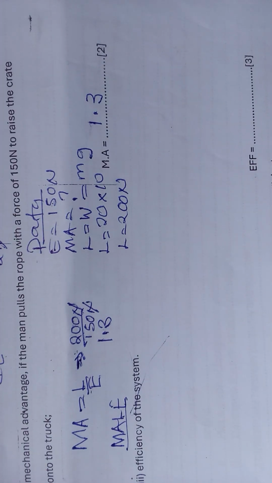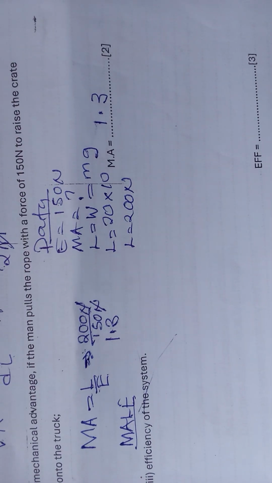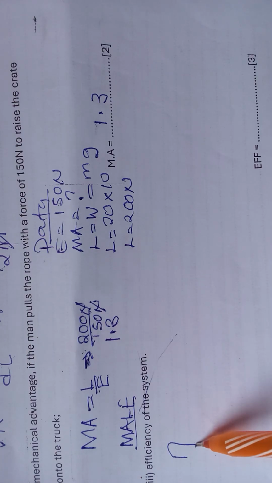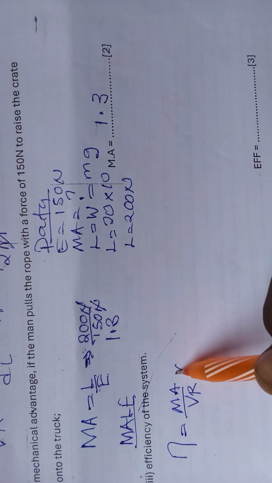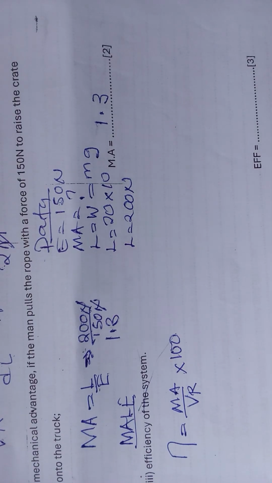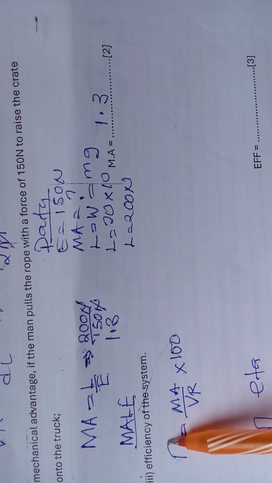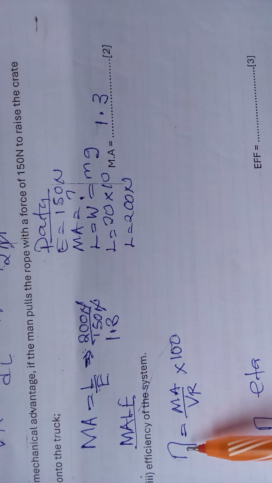So now we calculate for efficiency. We know there is a formula which says eta is equal to mechanical advantage over velocity ratio times 100. This symbol here is called eta. It's a symbol for efficiency. It's much like an N, but you protrude it going downward.